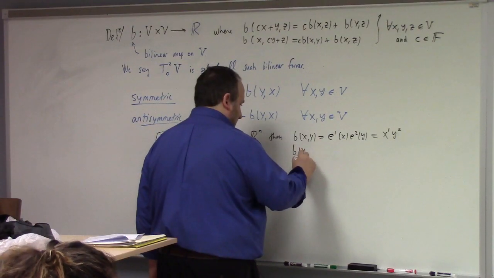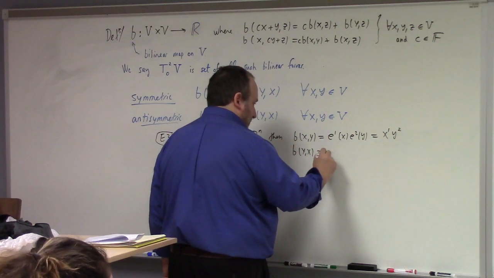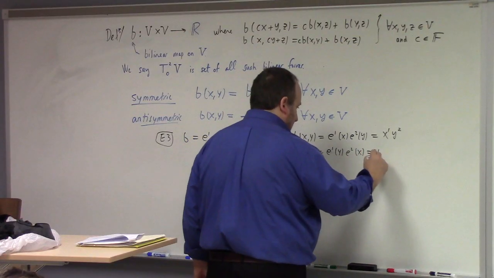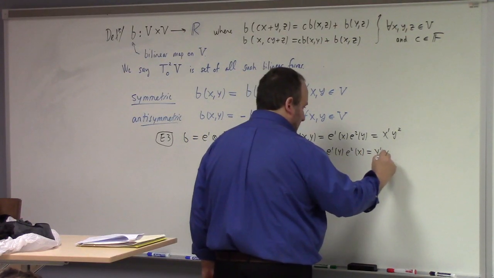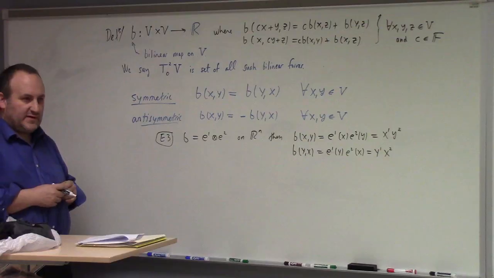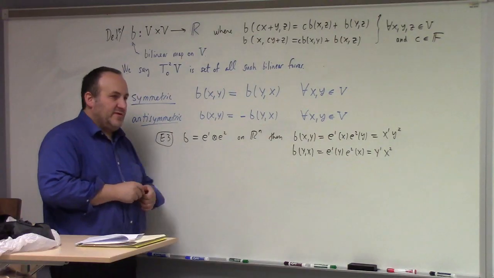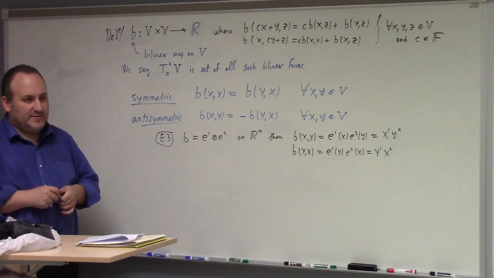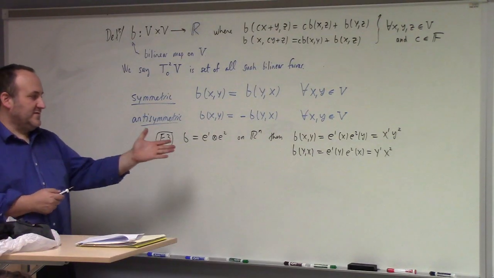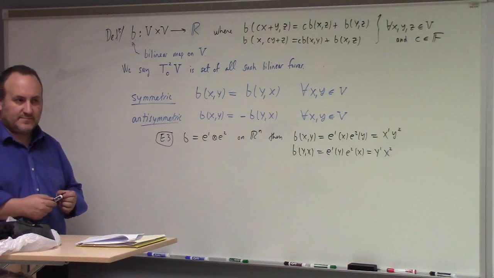And B(y, x) is what? By almost the same calculation, E^1(y) E^2(x), which is y^1 x^2. These are not squares, right? These are the upper indices. We're using the contravariant notation still. And for arbitrary vectors x and y, those have got nothing to do with each other at all, do they? So this is an easy example of a bilinear form which is neither symmetric nor antisymmetric.